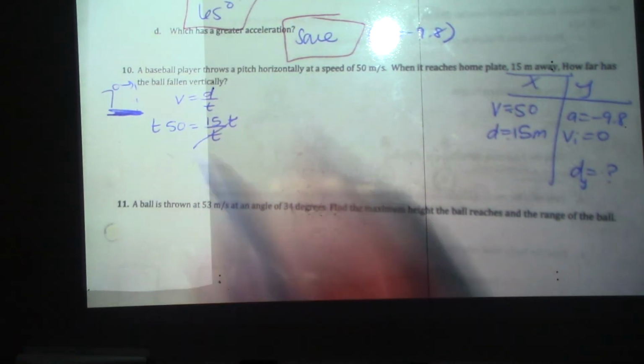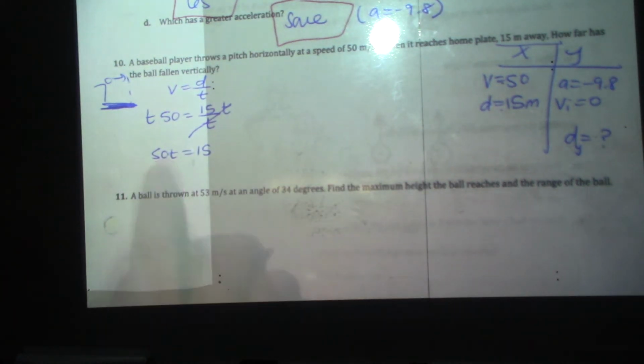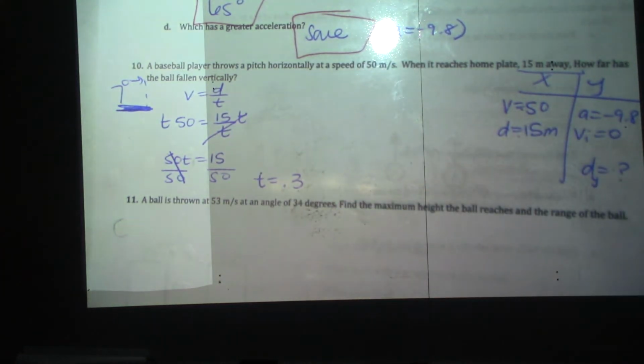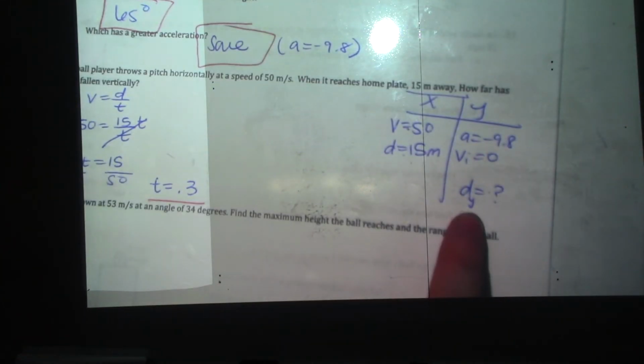Before I can move the 15 or the 50 over, I need to move the T up, so I multiply both sides by T. T over T cancels out, so this is just 50T equals 15. To get T by itself, I divide by 50, and that gives me a time of 0.3 seconds. Now that I have my time, I'm ready to find dy.